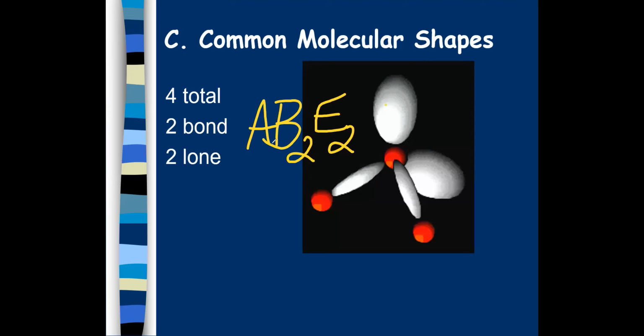Because we got 2 of these, this one and this one. Those are the E's. And this one and this one are the B's. You see? So that's an AB2E2.